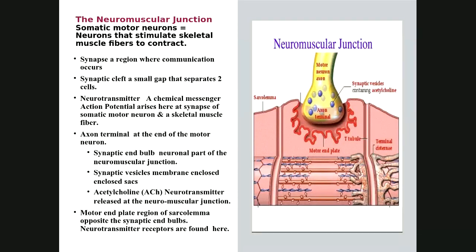Let's talk about what happens at the neuromuscular junction. Remember, we talked about a neuron and the axon terminal, and the synapse is where the communication occurs, where a motor neuron is communicating, in this case, with a muscle cell, and that's called a neuromuscular junction.